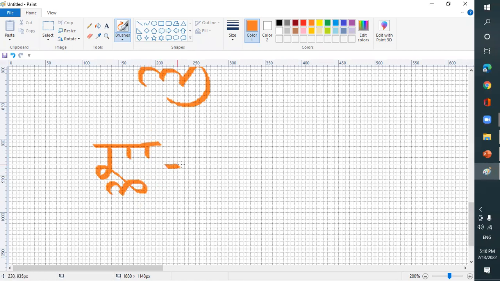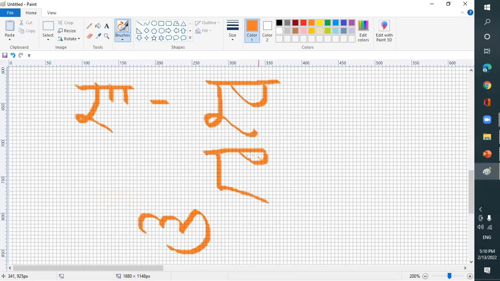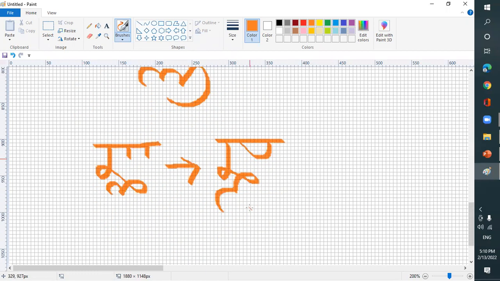Now, if I have to do gya, there is a common mistake I have found from students. Here also ja will be written exactly the same. The mistake students make is they do it like this, and this is correct. This is a matra. It will come exactly like on ja, what I have done. The only thing is, do not make it bending like this.